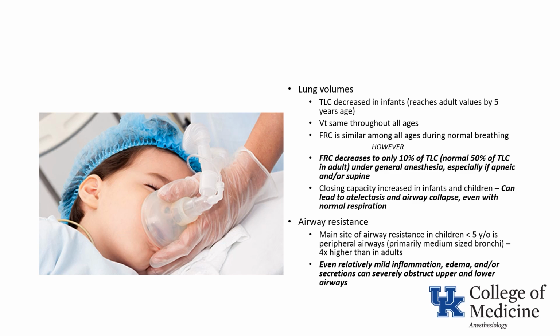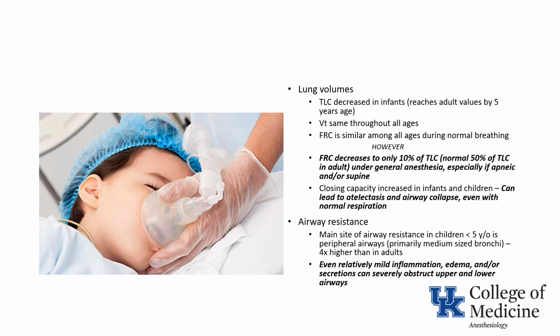Lung volumes are also a little bit different. The total lung capacity is decreased in infants. It does reach adult values by 5 years old. Now, the tidal volume and the functional residual capacity on a milliliters per kilogram basis is essentially the same throughout all ages, with one important caveat. The FRC is similar during normal breathing.